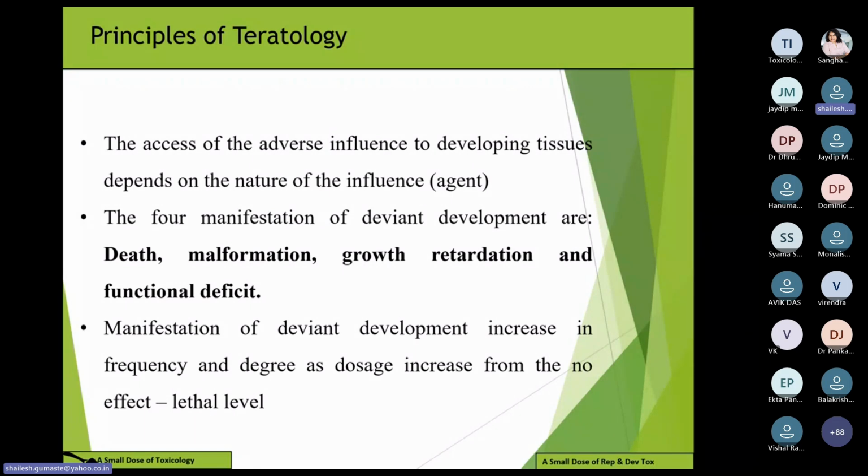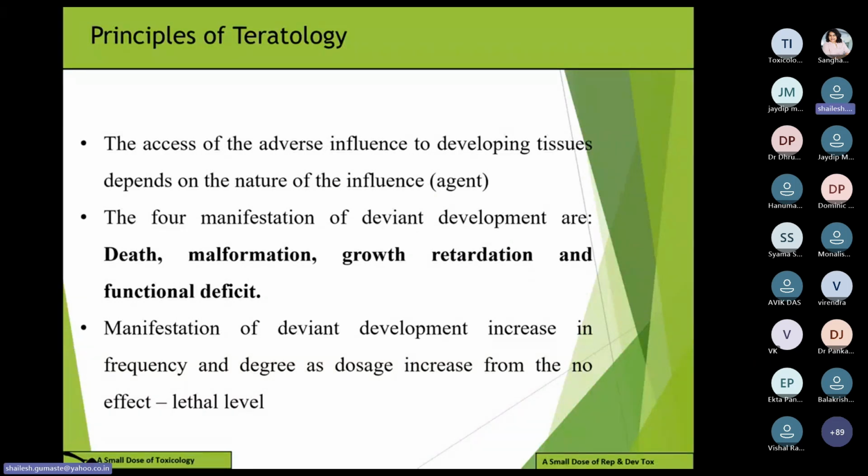And the last one: manifestations of deviant development increase in frequency and degree as dosage increases from the no-effect level to mortality. This principle emphasizes the dose-response relationship between the teratogenic agent and the severity of developmental abnormality.